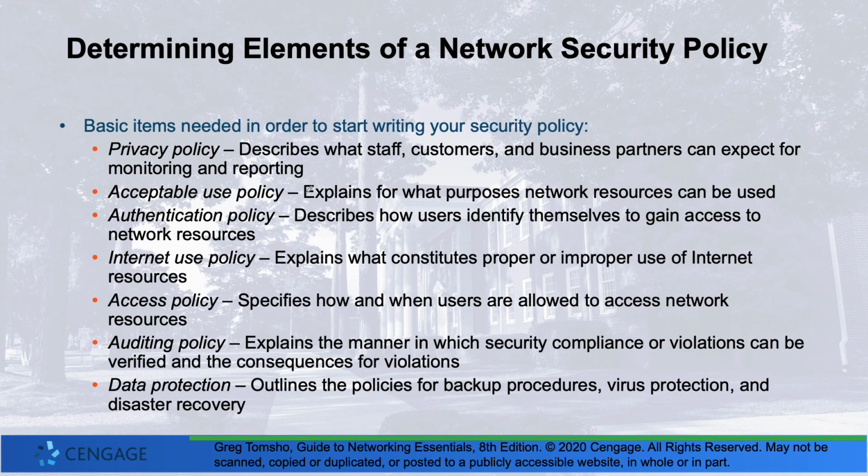So your internet use policy should have, for example, a statement that says activities impacting bandwidth or high bandwidth applications, and then you can specify later on what those high bandwidth applications are.